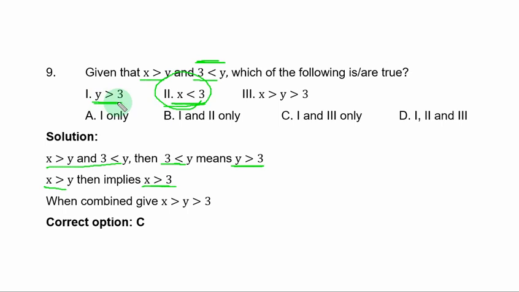Already this one is true from this place. Now let's try and combine s is greater than y is greater than 3. If you combine, you have it in this form. That means part 1 and part 3 combined together give option C as the correct option.